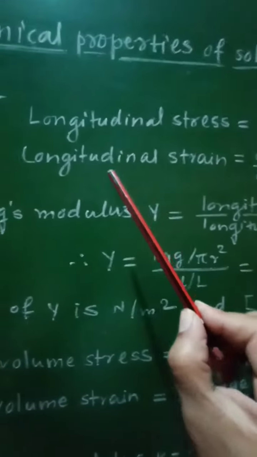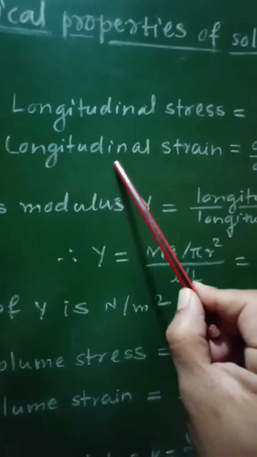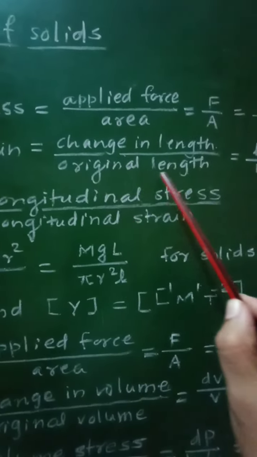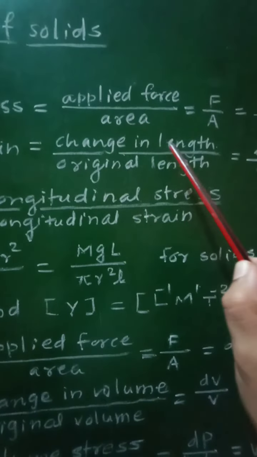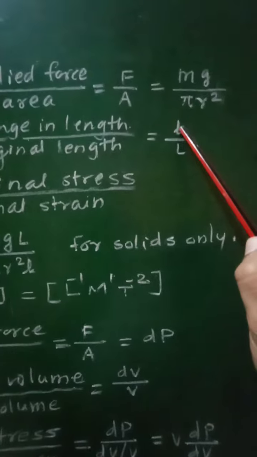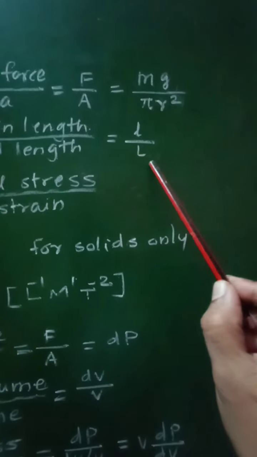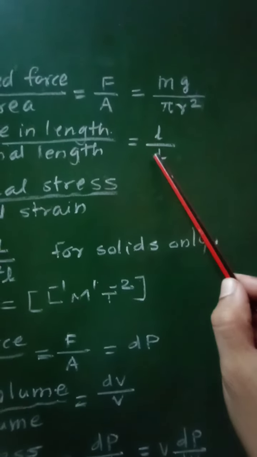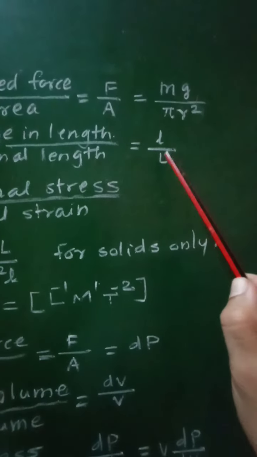Similarly, the longitudinal strain will be equal to change in length per unit original length. So change in length is small l divided by original length capital L, and therefore l by L represents the longitudinal strain.